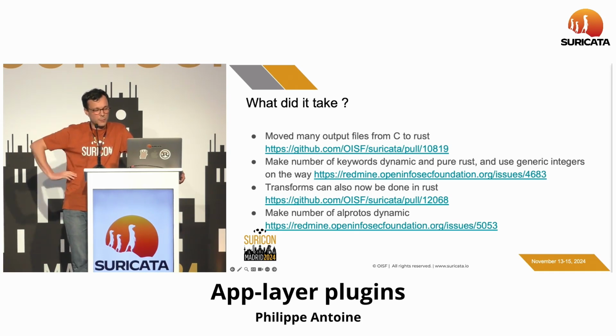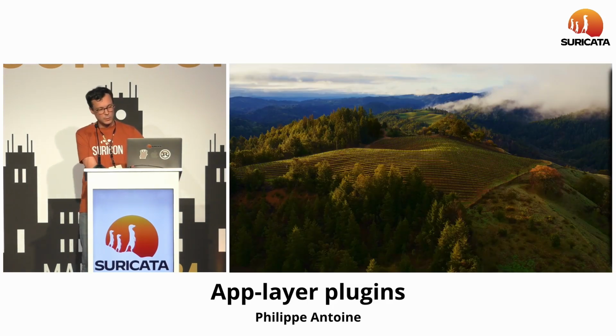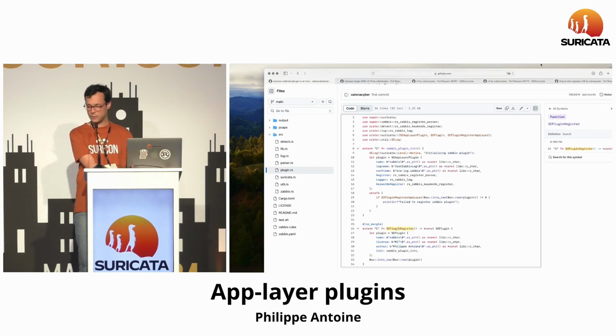So when I first started 18 months ago, I just cheated and I used some configure-time options to increase alproto, and then I could just register one or two plugins. So I guess I have a bit of time to show it.